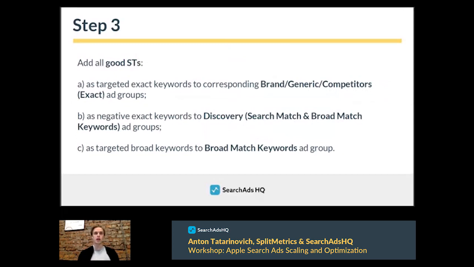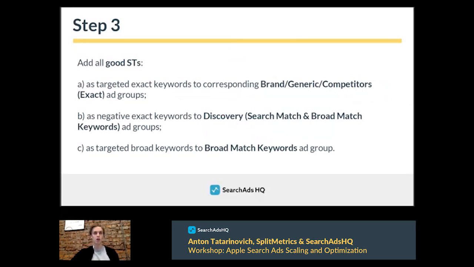Those should also be added as negative exact keywords to the discovery campaign, your search match and broad match ad groups. Sorry, just to turn it off in discovery, not to work with them anymore, not to conflict with them. And those good search terms should be added as targeted broad keywords into the broad match keywords ad group, just to start getting your long tail keywords, so that you basically cover the maximum amount of possible search terms you can get.